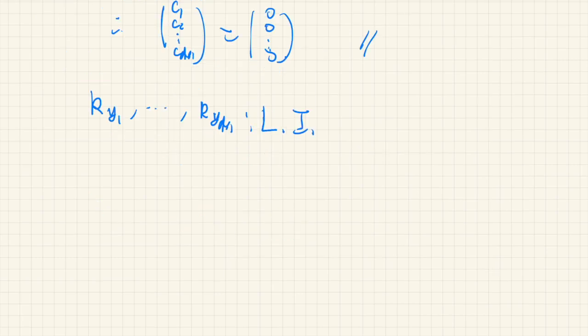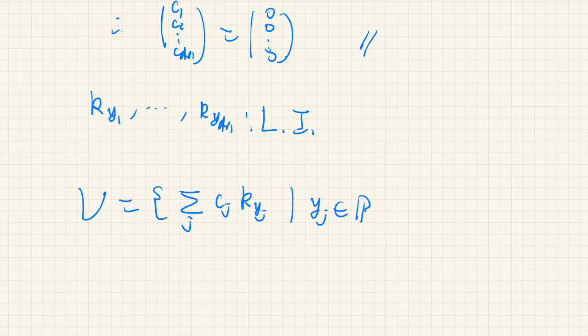Now consider the space of polynomials represented as a linear combination of these reproducing kernels, sum of cj k_{yj}, where yj is any real number and cj is also any real number, j from 1, 2, and so on.